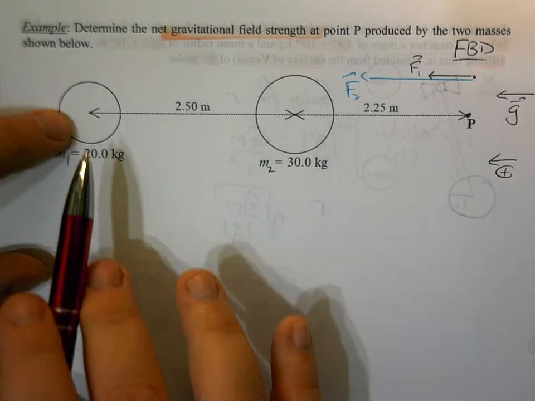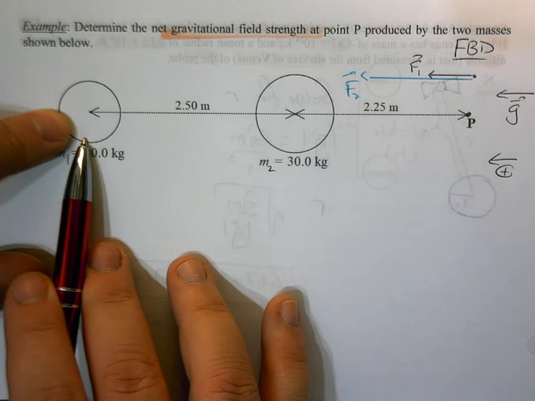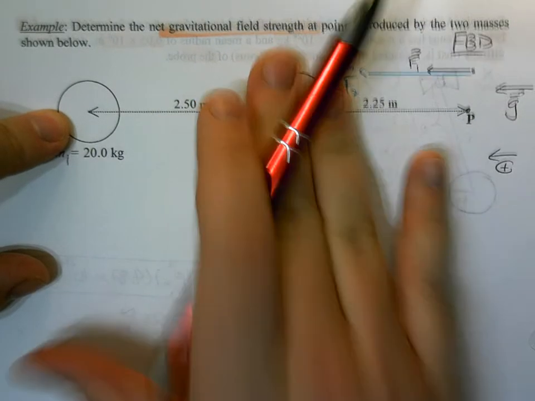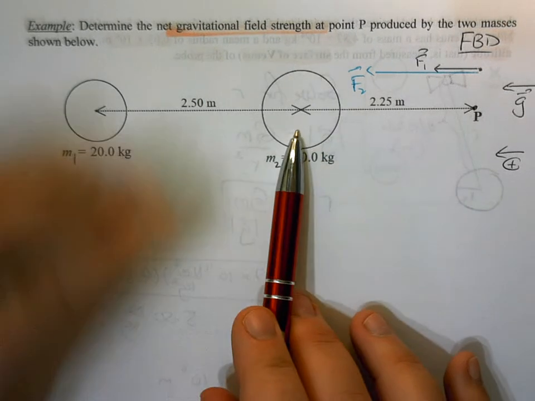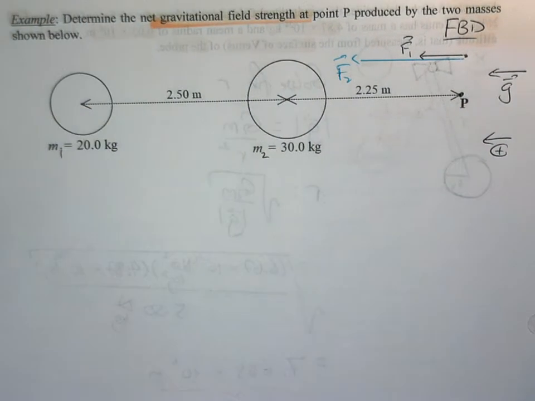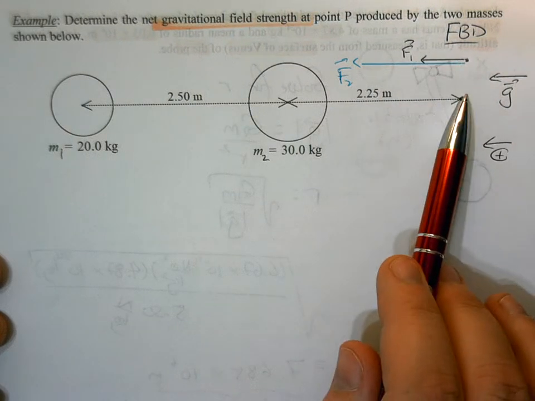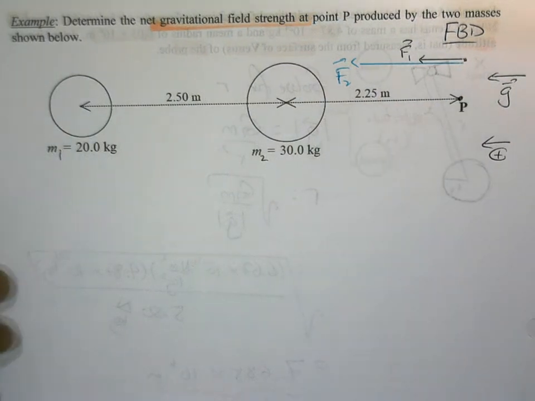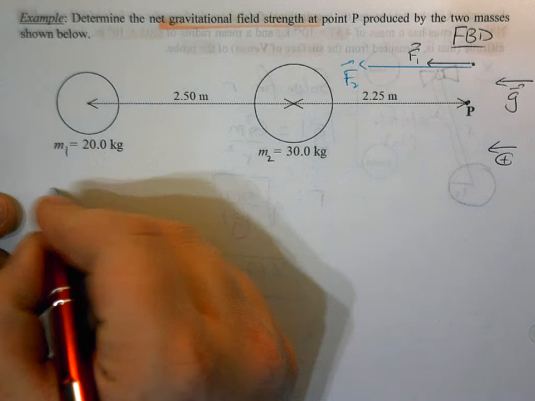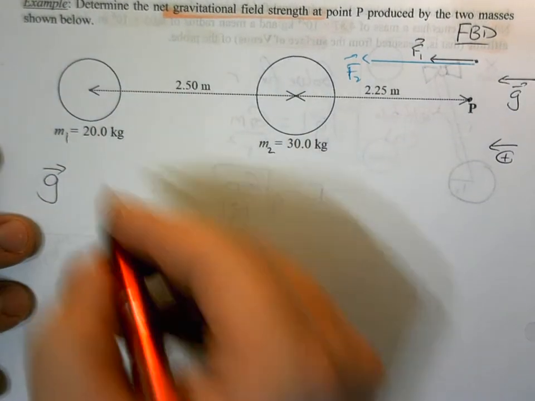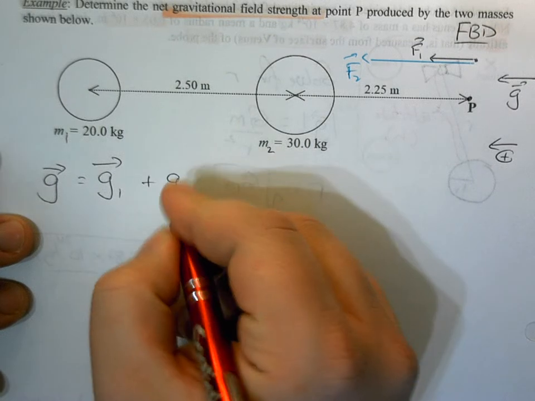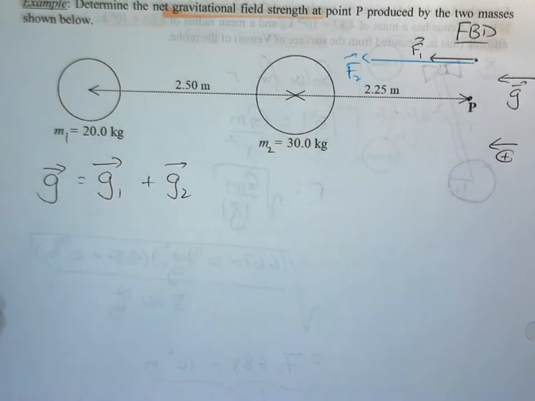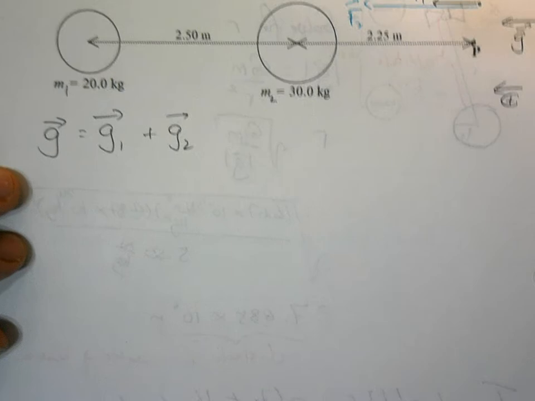I'd find the gravitational field strength because of this first mass, ignoring the second one. Then I'd find the gravitational field strength at this point due to the second mass, ignoring the first one. Because they're both trying to pull this test mass towards them, we're going to add them together. So the total gravitational field strength is just g1 plus g2.